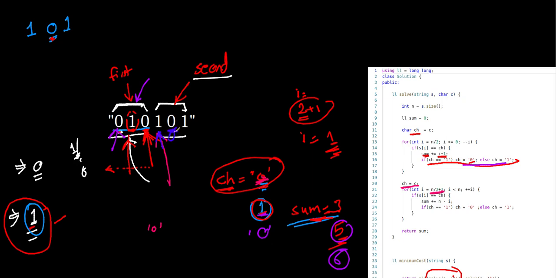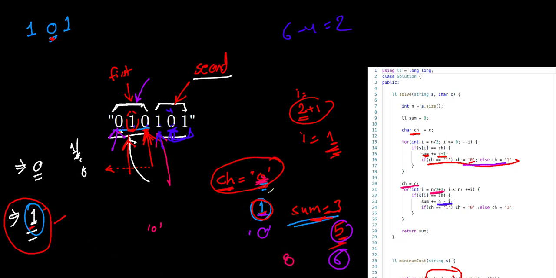This is 0, and this is at index 4. We use this equation for the cost, which is n minus i. n is 6, 6 minus 4 equals 2, which is the length of this, just 2 characters. So we add this to the cost, and the cost becomes 8.